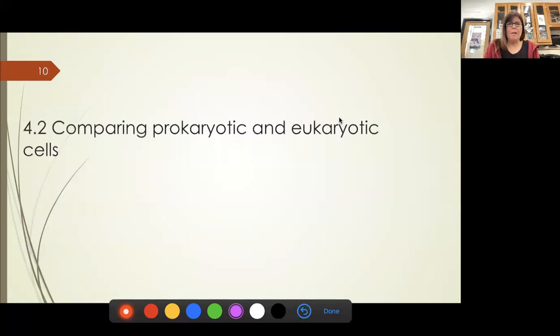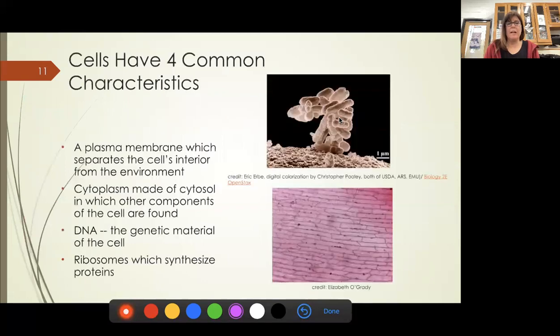So the second part is just comparing pro and eukaryotic cells. And so cells, again, have 4 common characteristics. For one, it doesn't matter if they're prokaryotic or eukaryotic cells, they have a cell membrane or a plasma membrane. We'll find there's a lot of terms in biology that have multiple vocab words for them.